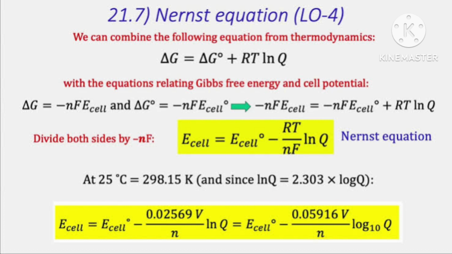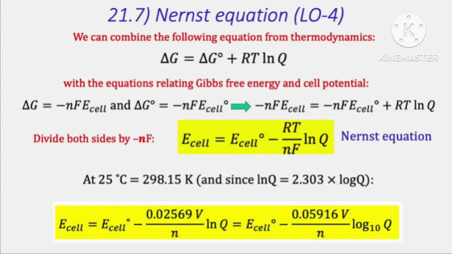Then 0 is equal to standard E cell minus 2.303 RT divided by 2F log of the molar concentration of zinc ion divided by the molar concentration of copper ion. Now the minus term you bring to the left side. Then what you will get?